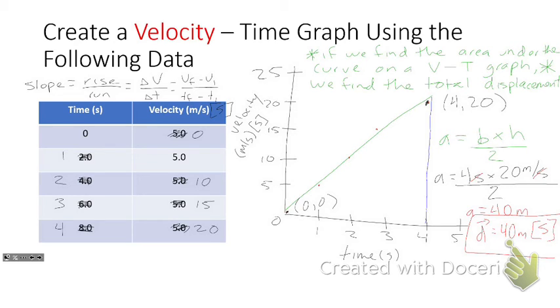Acceleration, perfect. So if I calculate the slope of a velocity time graph, I am finding my average acceleration for that time period. And then Abe, if I am calculating the area underneath a velocity time graph, what am I finding? The total displacement, yeah, you bet. Questions about that? Feeling all right?